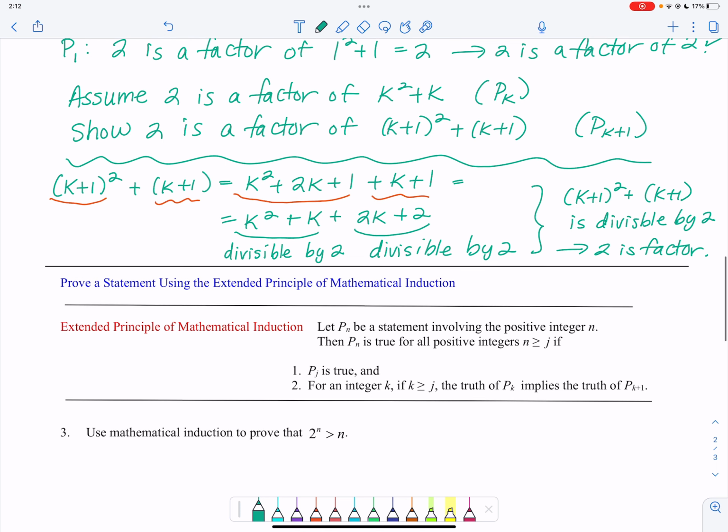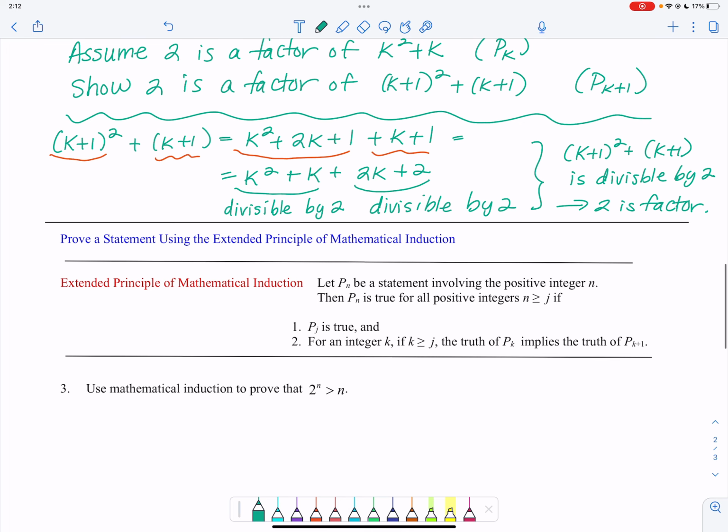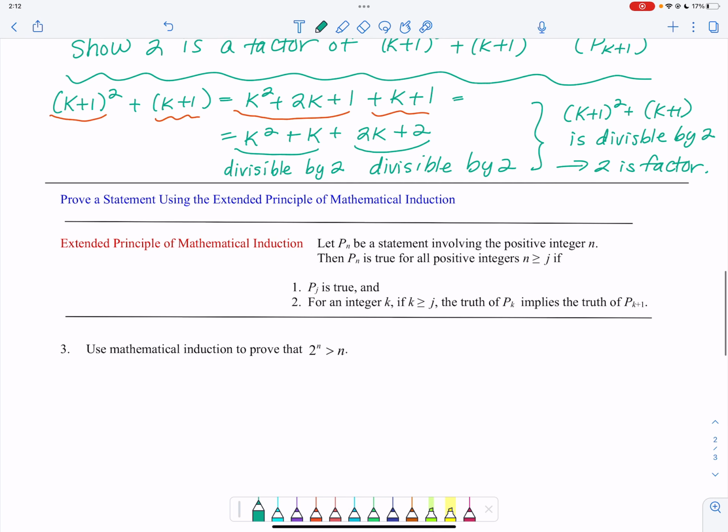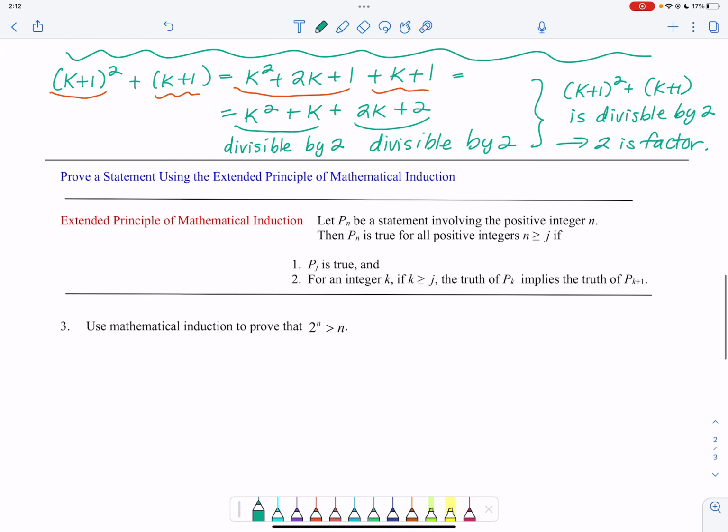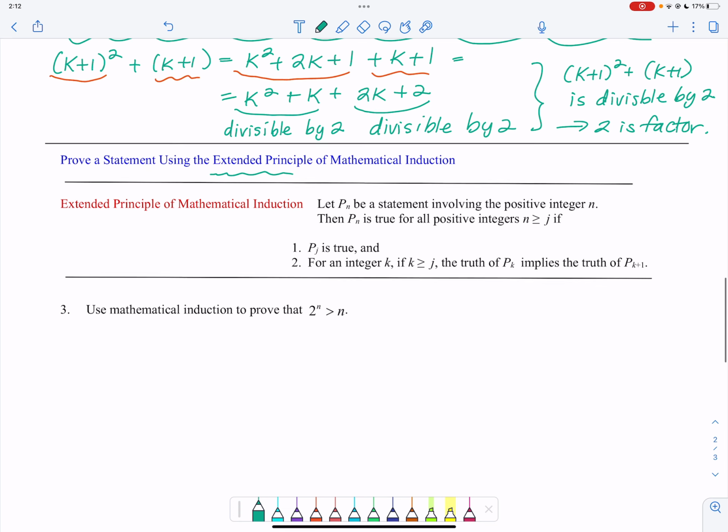Okay. So sometimes that can get a little bit complicated. Maybe read through that a couple times and see what you think. And now we will end this section by proving a statement using the extended principle of mathematical induction.